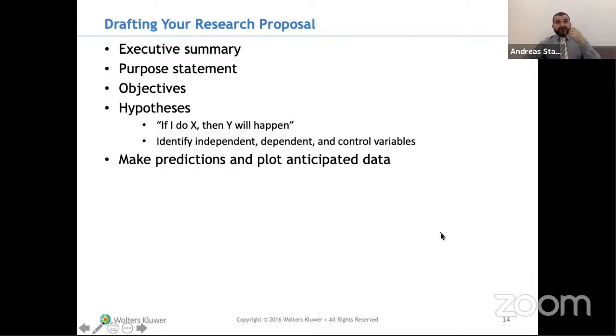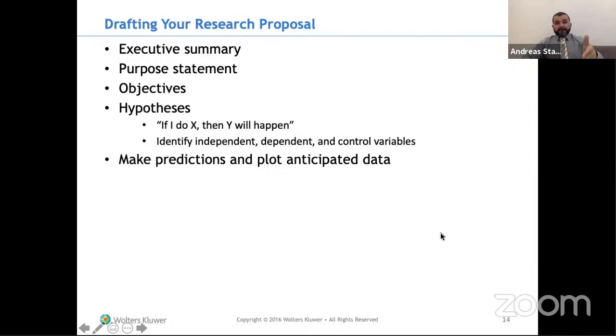And what is a hypothesis? A hypothesis is a guesstimate, which means you've read everything that's out there, you have the experience that you have, and based on everything, you make a guesstimate, right? We don't know that, and that's why we're researching it. But based on what we know, we would expect this to happen if this would happen.